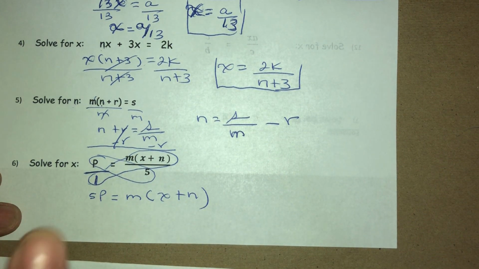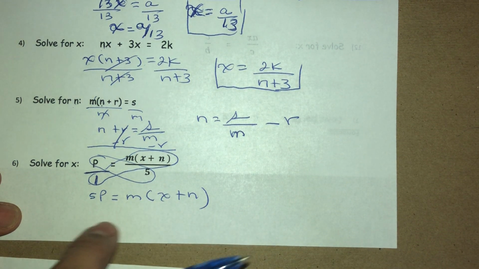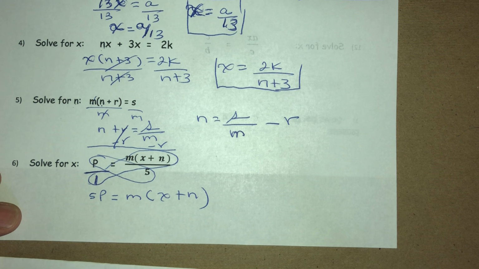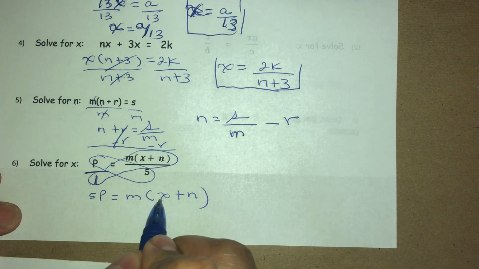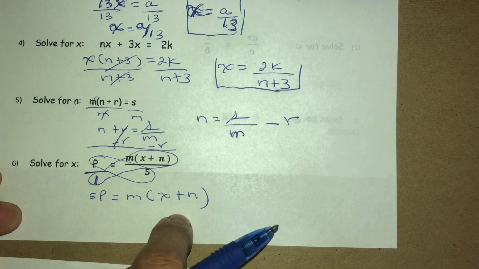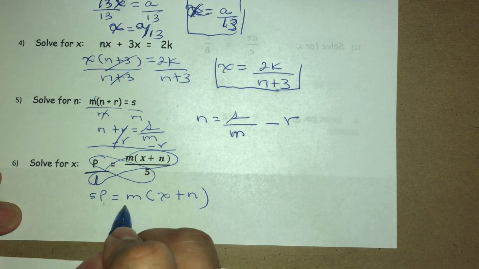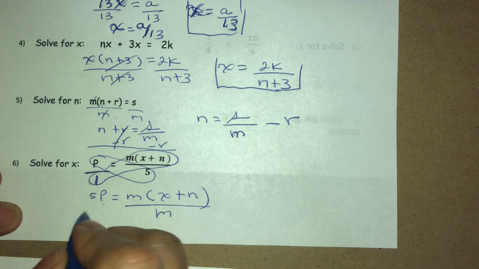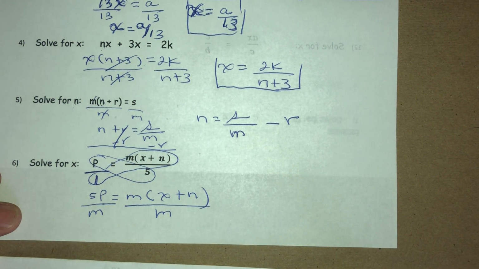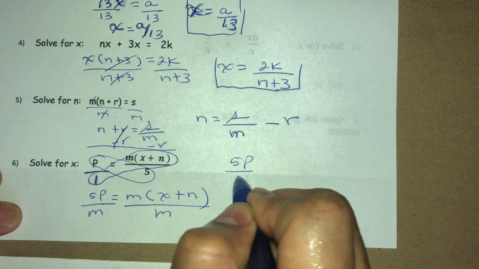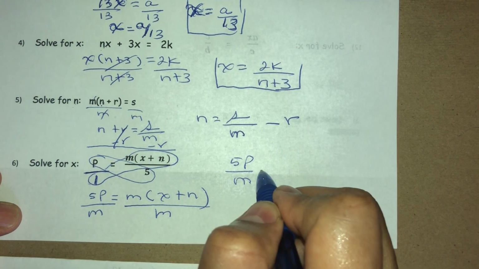Listen, if I have to solve for m, then I will divide by x plus n, so I can leave the m alone. But I'm solving for x. So whatever is inside, if I ask you to solve for x or for n, you still have to divide by m because you have to eliminate the m first. So I'm going to divide both sides by m, and I will have 5p over m, right?